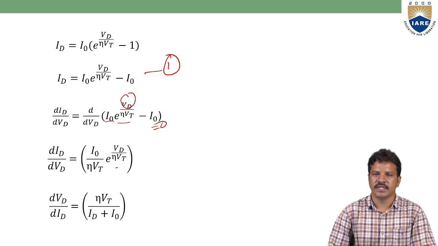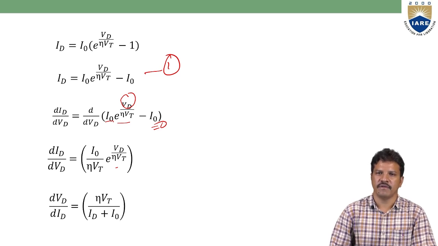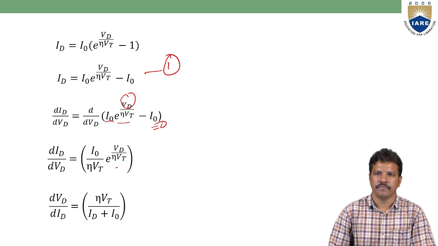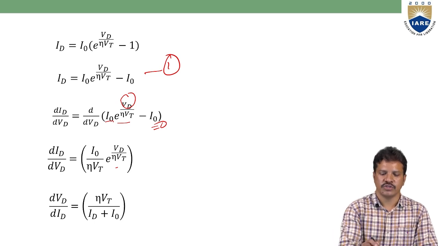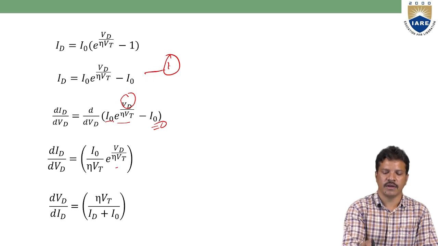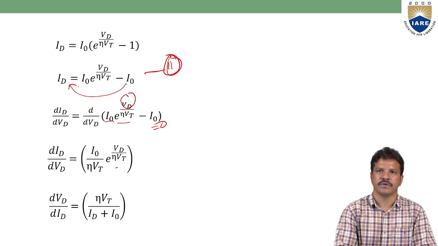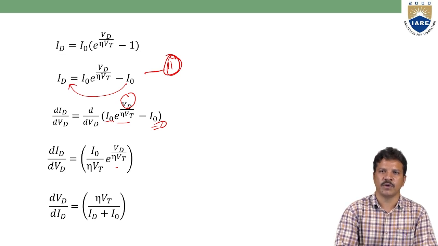But what is the dynamic resistance? It is the ratio dVD by dID, which is nothing but the reciprocal of the above equation: eta VT divided by ID plus I naught. How can you write ID plus I naught? From equation 1, if you take the I naught term to the left side, ID plus I naught is equal to I naught into e power VD by eta VT.